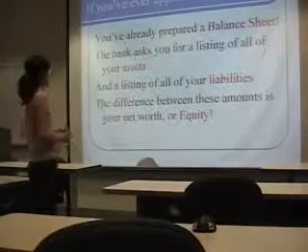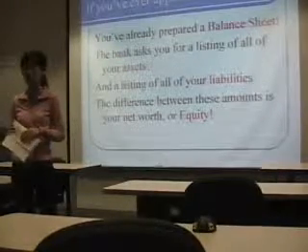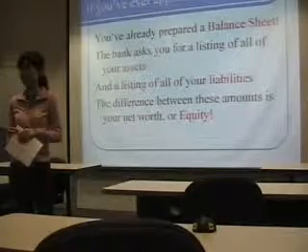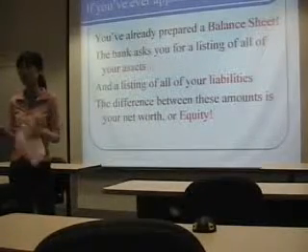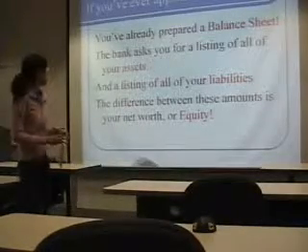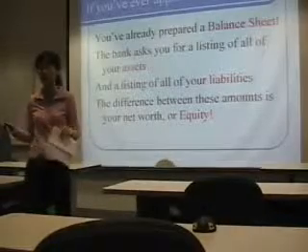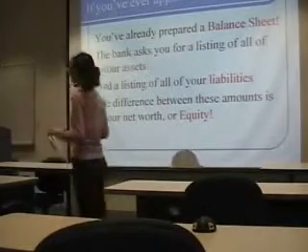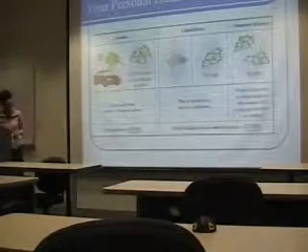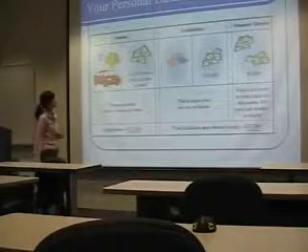And also, you will provide a list of your liabilities. For example, you owe the credit card bank $1,000 or other things. These are your liabilities. And the difference between these two amounts is your own equity. Let's see it.